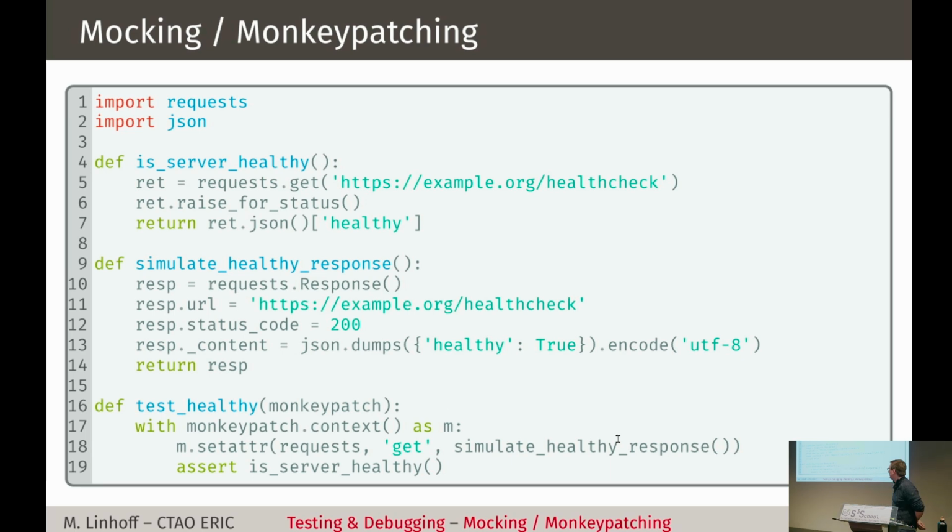And then if our code here, is server healthy, calls the requests.get, we have replaced it with our own implementation that doesn't talk to the internet. That's the idea here. Of course, it gets much more complicated if you need to spin up a simulator for real hardware or whatever external services your code relies on.